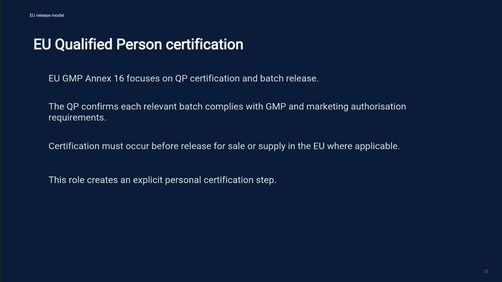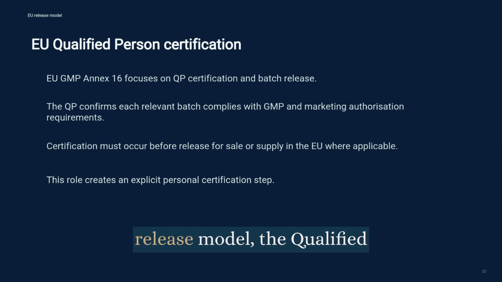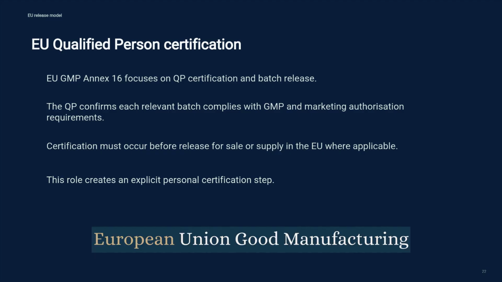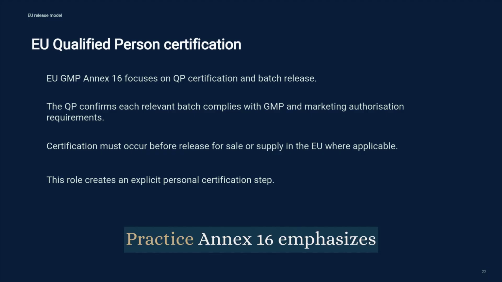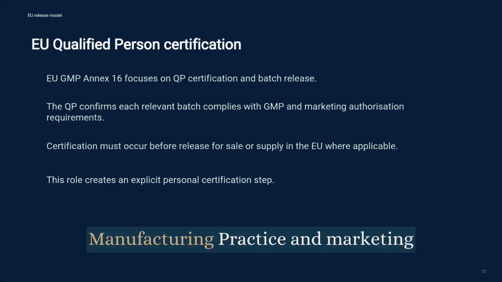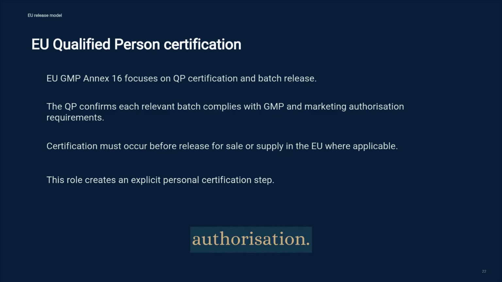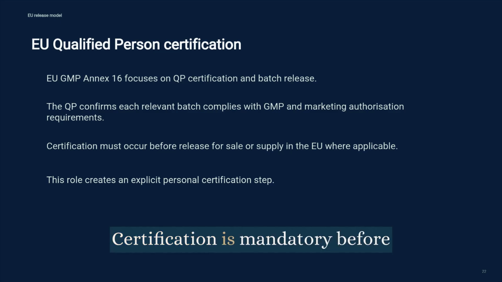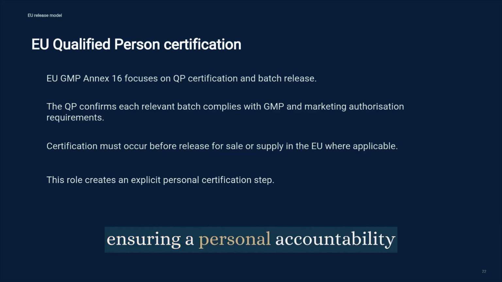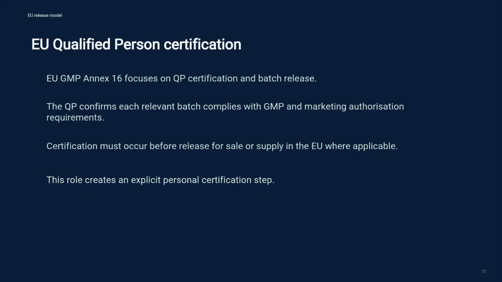model. In the European Union release model, the qualified person (QP) certification is crucial. European Union Good Manufacturing Practice Annex 16 emphasizes the QP's role in confirming batch compliance with good manufacturing practice and marketing authorization. Certification is mandatory before any sale or supply, ensuring a personal accountability step in the process.